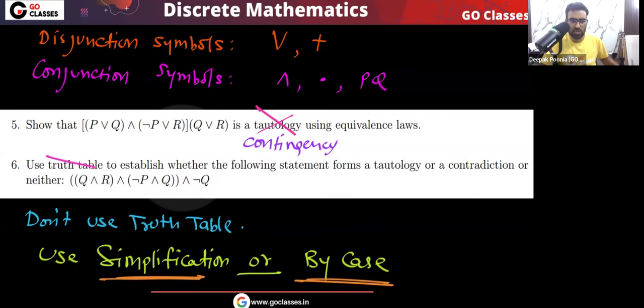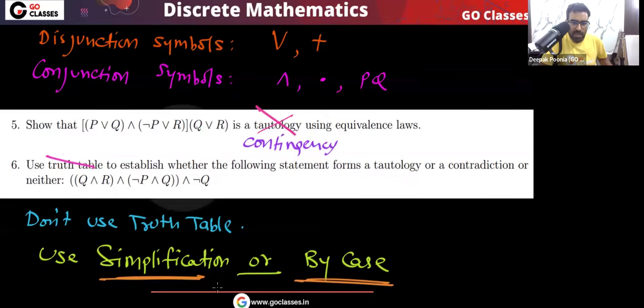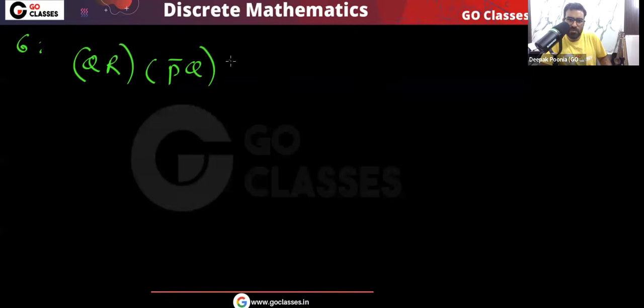Let me solve this question using the by-case method and see whether this expression is a tautology, contingency, or contradiction. Question number 6. The expression is q and r and p bar, or q and r, and p bar and q, with this whole thing and q bar. This is actually a very simple question.